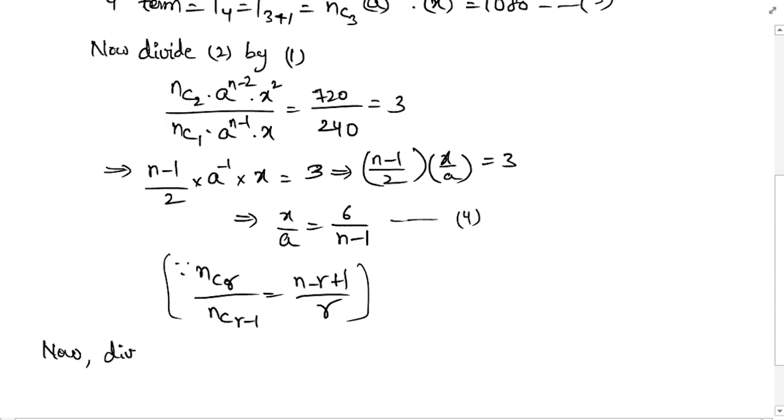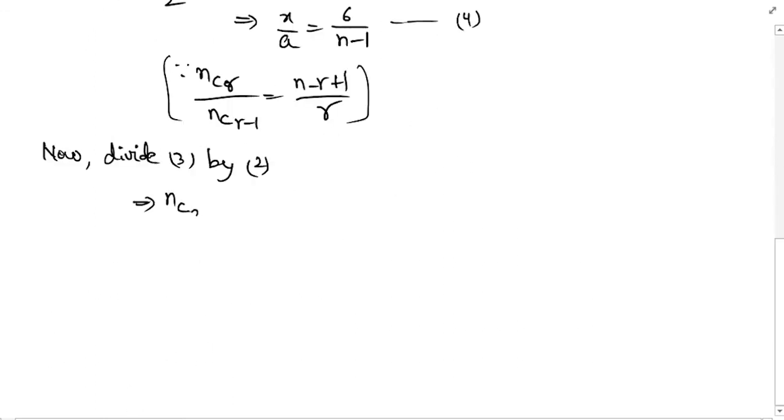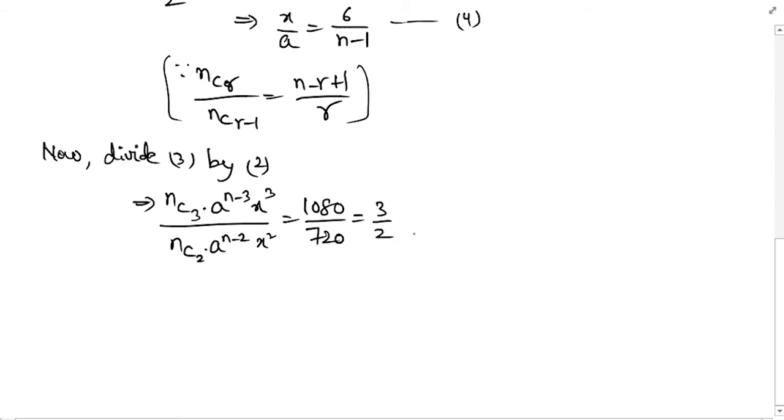Now what we'll do is divide 3 by 2. That implies nC3 a^(n-3) x^3 divided by nC2 a^(n-2) x^2 is equal to 1080 divided by 720, that is equal to 3/2, right? That implies (n-2)/3 times a^(-1) times x is equal to 3/2.